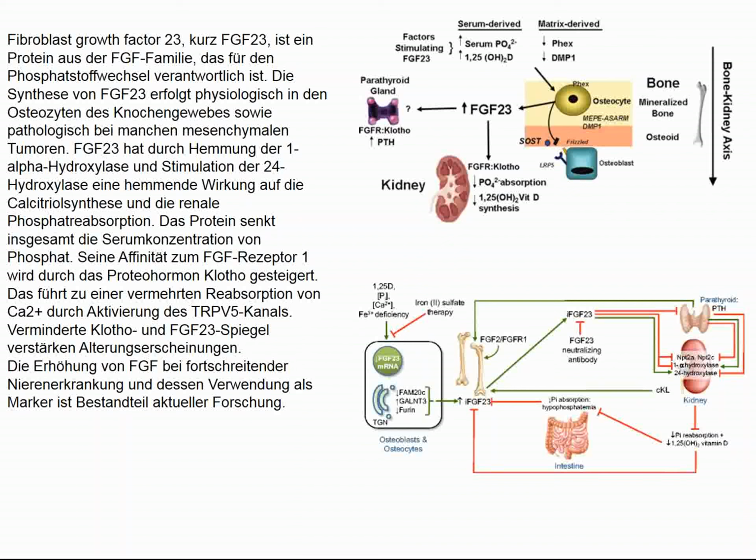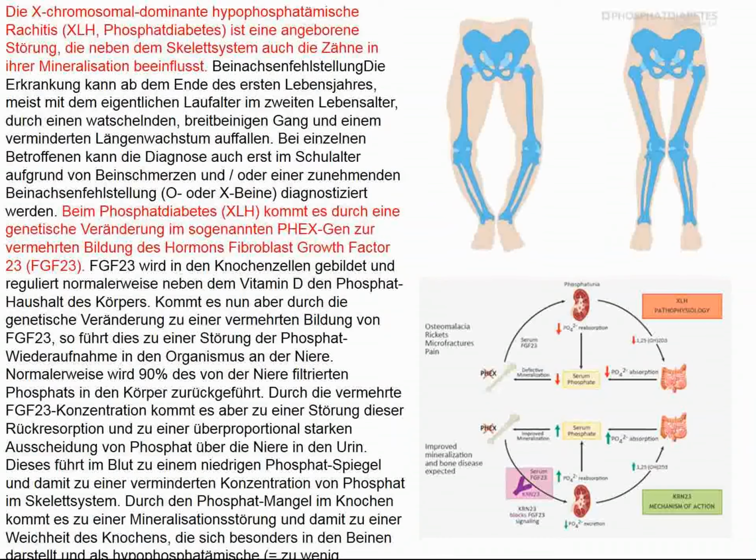And what we've also come to appreciate is that FGF23 is a risk factor, perhaps a general cardiovascular risk factor, but is also associated with some other diseases. And one of these diseases is X-linked dominant hypophosphatemic rickets. This condition is also called phosphate diabetes.